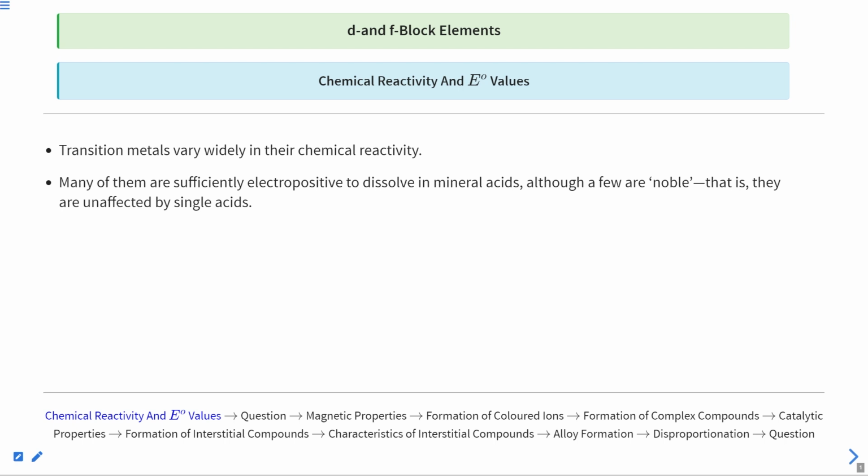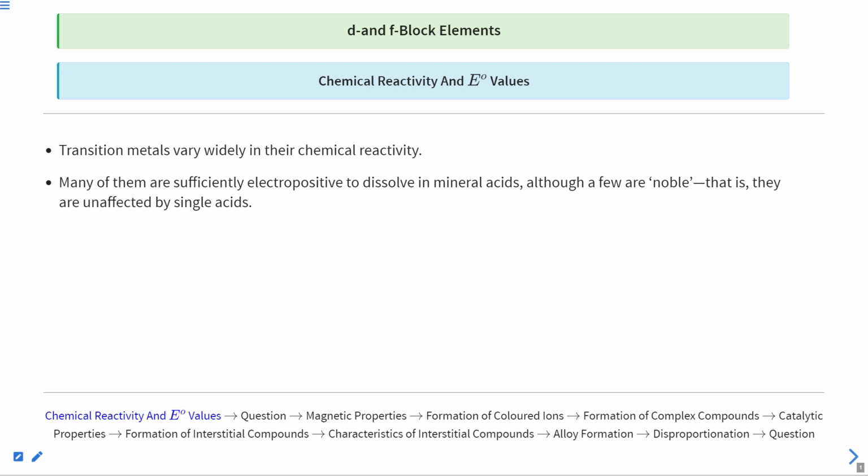So if something is reacting with acid, then I'm also saying that it is soluble in mineral acid. Clear? Okay. So this is about the reactivity of the d-block.